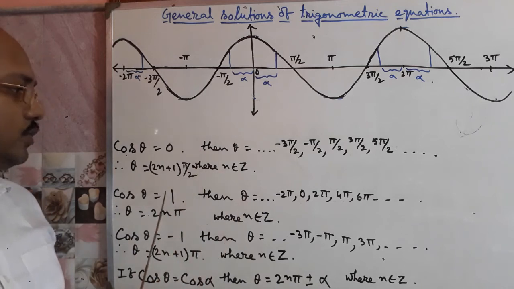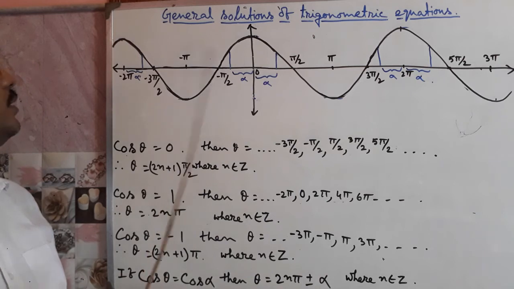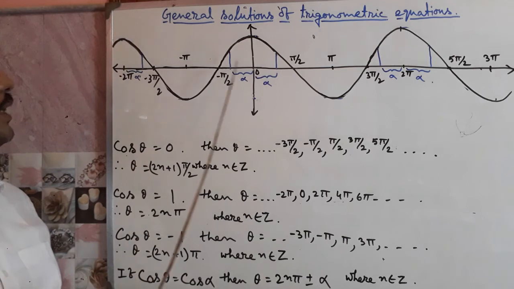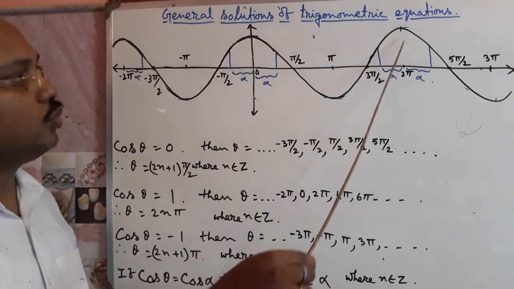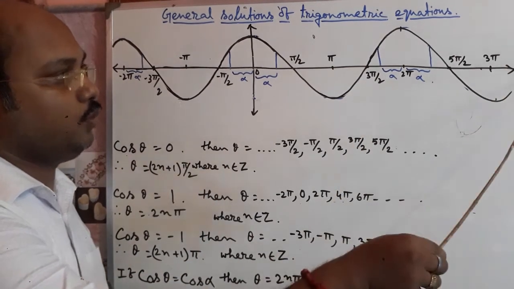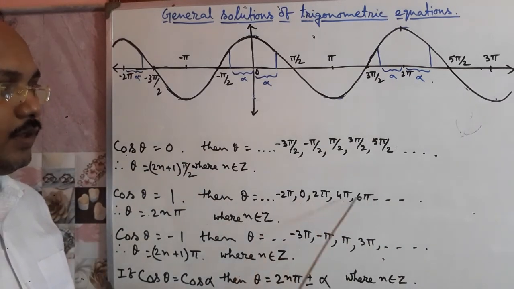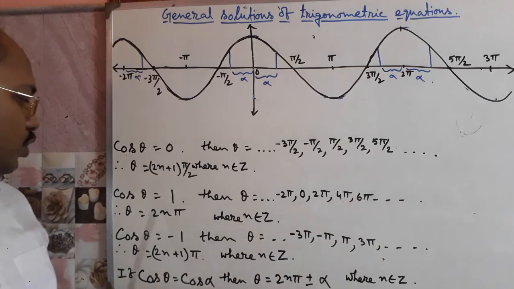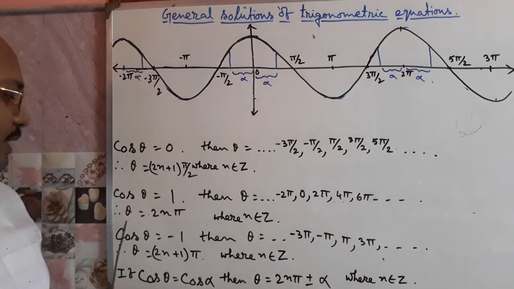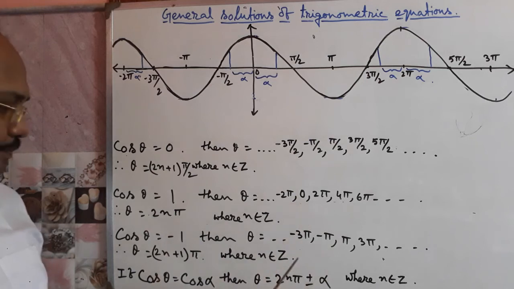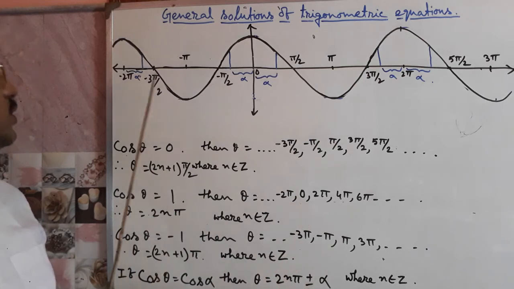Now cos theta is equal to 1. You see for which values cos theta is equal to 1? For minus 2 pi, 0, 2 pi, then 4 pi. Again see the coefficient of pi, even numbers. So theta will be equal to 2n pi where n belongs to Z. Cos theta equal to minus 1.